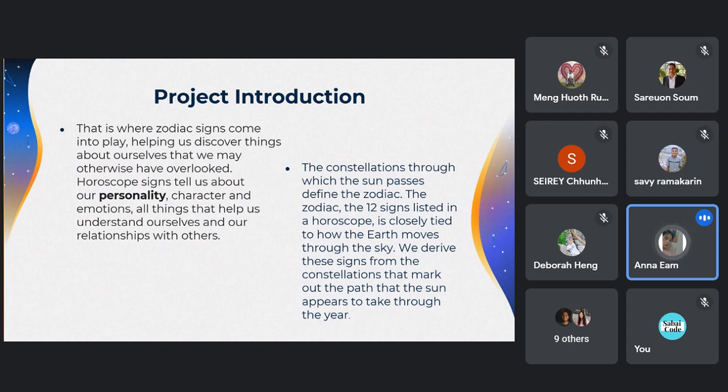The constellations through which the sun passes define the zodiac sign. The zodiac, the 12 signs listed in the horoscope, is closely tied to how the earth moves through the sky. We derive these signs from the constellations that mark out the path that the sun appears to travel through the sky.